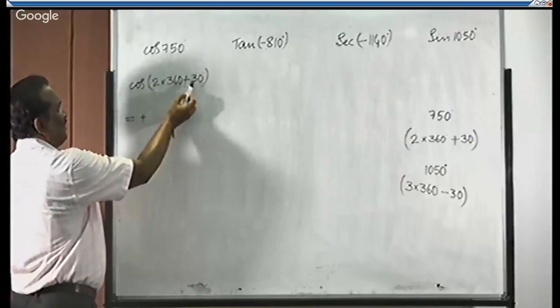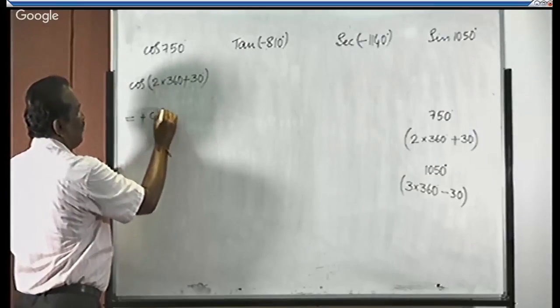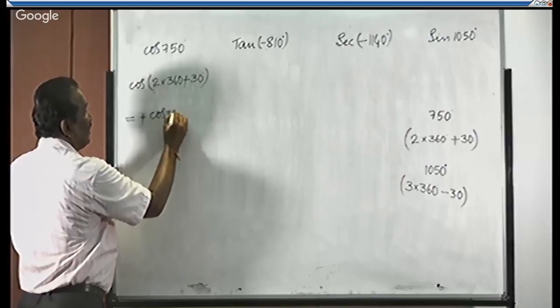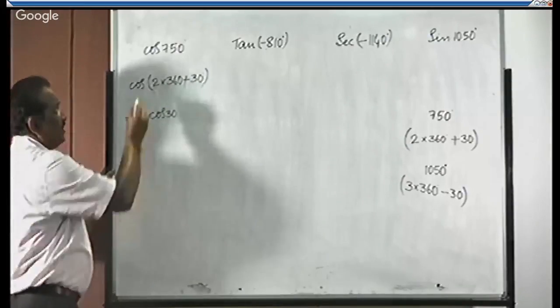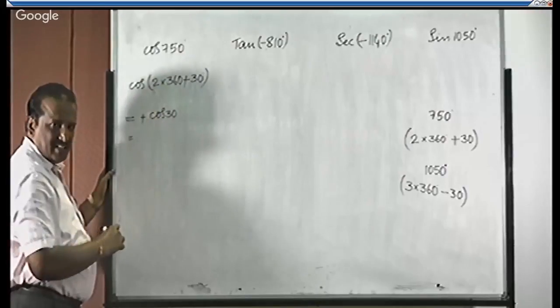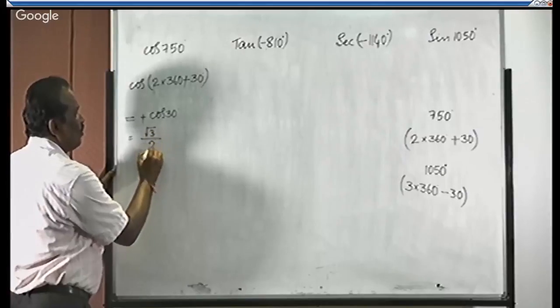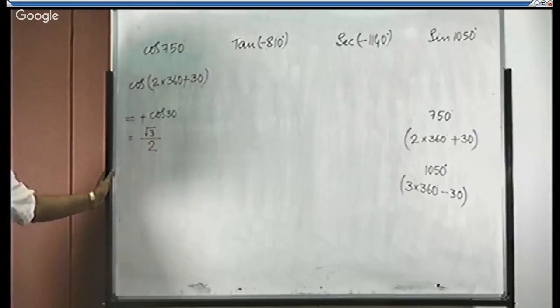So when 360 plus theta is connected to any trigonometric function, the same trigonometric function results on the right hand side. Therefore, cos of 750 is simply equal to plus cos 30. We know that cos 30 is numerically equal to root 3 by 2.